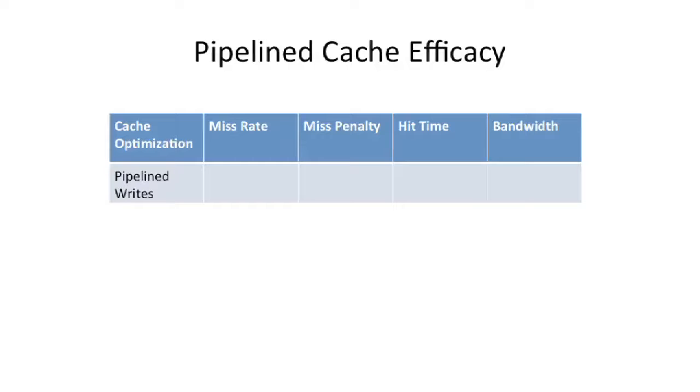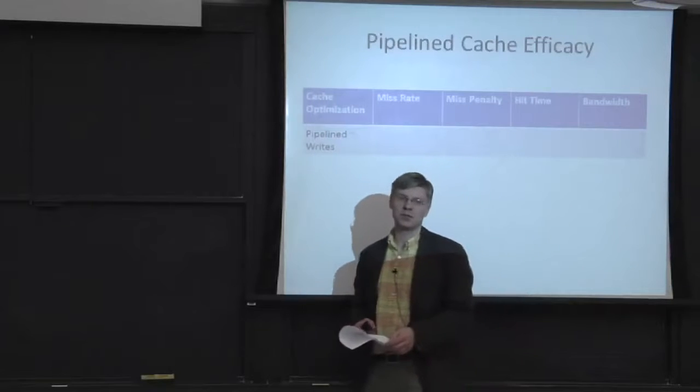This is when we miss in the cache, how long it takes us to go to, let's say, the main memory or the next level of cache. No, it's not actually going anywhere different. Effectively, this is implementing the exact same thing. Hit time. Does this affect the hit time?